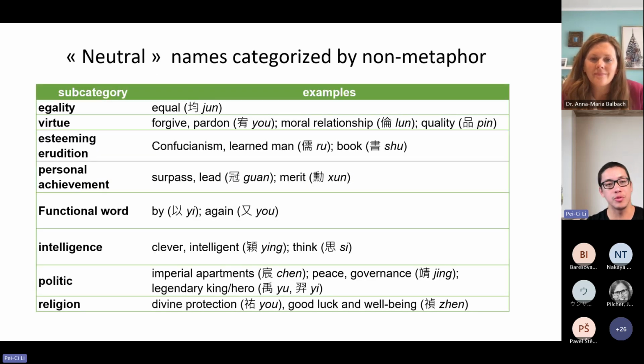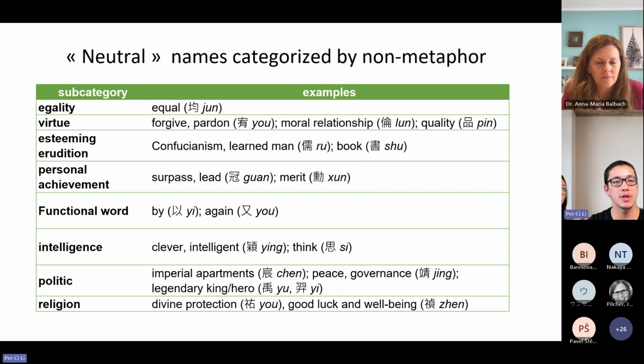Now go to neutral names. What do we find there? For neutral names where we don't have metaphor, we do find some categories that we have already seen with male and female names. So we have virtue, esteeming erudition, personal achievement, intelligence, politics, etc. We do have new categories that were not seen before, such as two major ones.